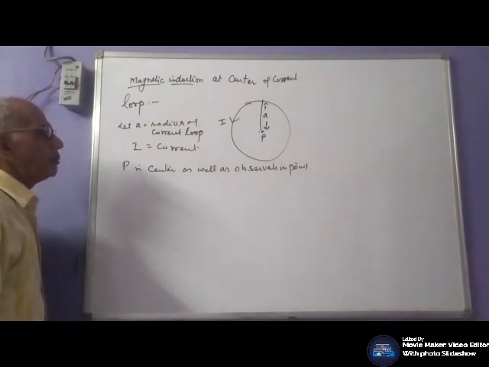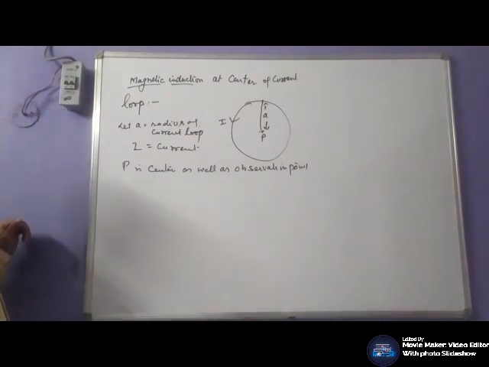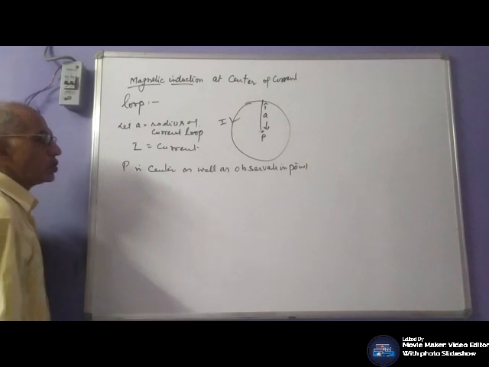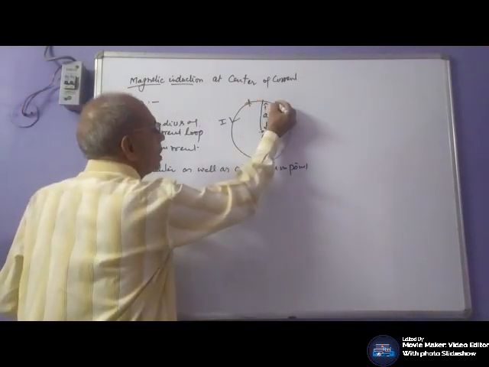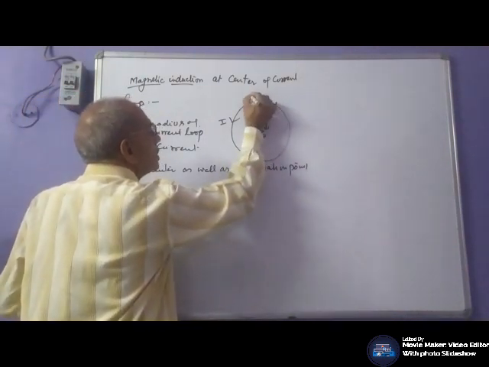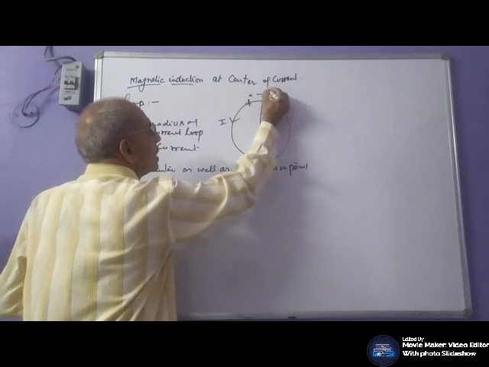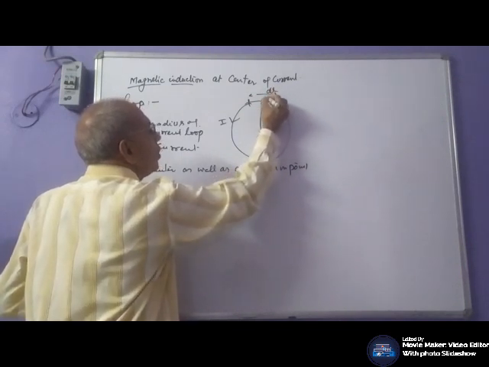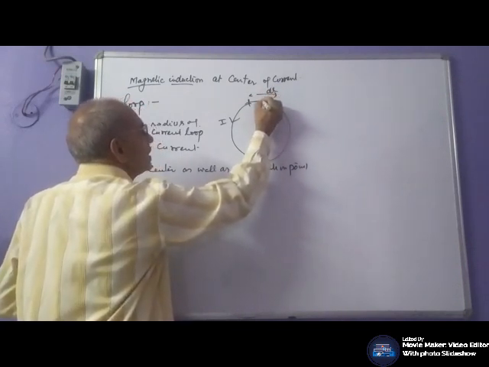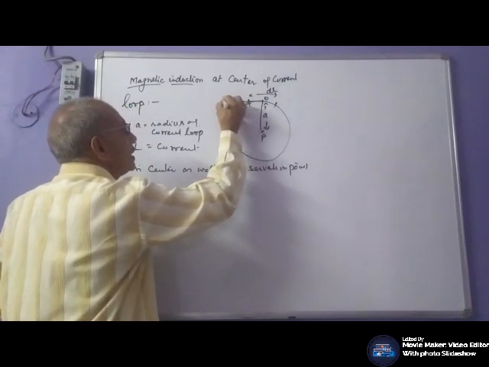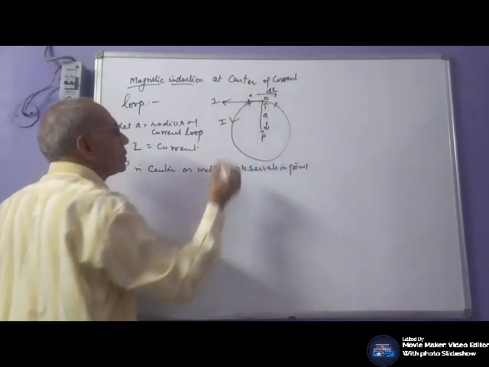By applying Biot-Savart Law, we have to cut a current element. O is its center. Draw the direction of current, the tangent, here on top.